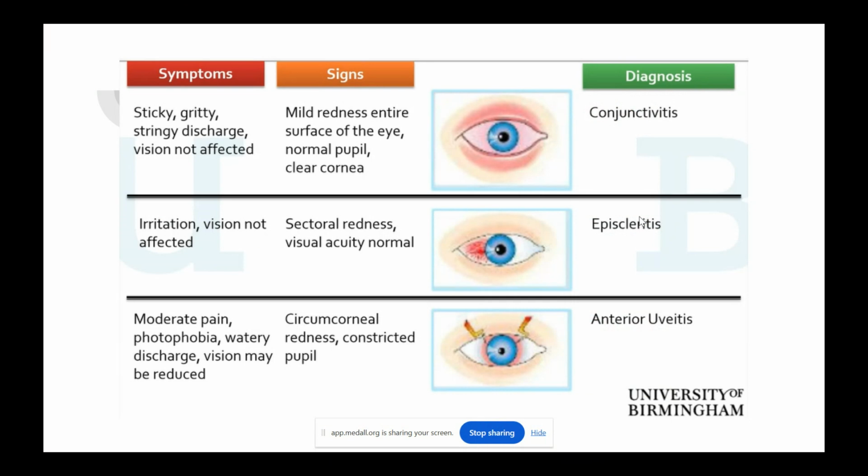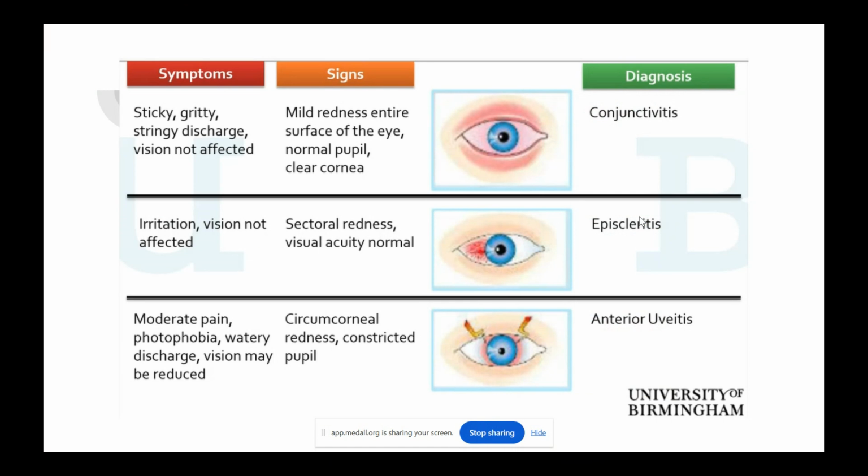The main causes of red eye that we generally see presenting are a bit more common. I'm going to get into each of these in more detail, but I thought we'd quickly talk about each of them. Your classic one is conjunctivitis. It's just an infection of your conjunctiva.